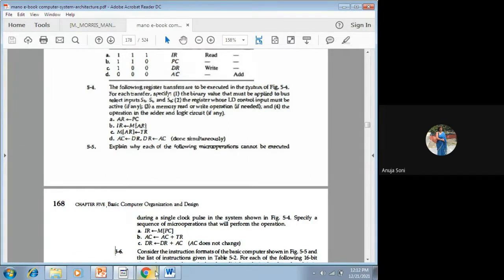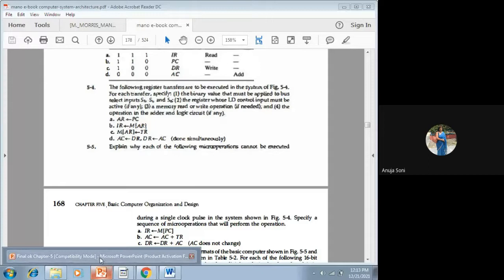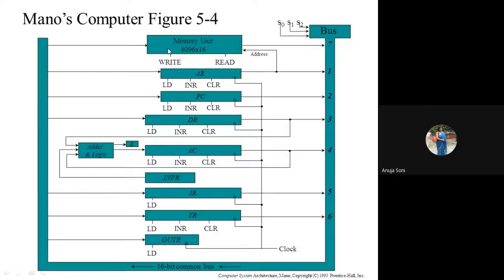जो आपकी values change होती हैं of these signals or all these basically values of the selection input values of your multiplexer, we call it as the multiplexer, ये with respect to the clock pulses होती हैं, ये change होती हैं. What it is saying, the given statement is saying that with respect to a single clock transition, is it feasible that the given register transfer statements can take place?